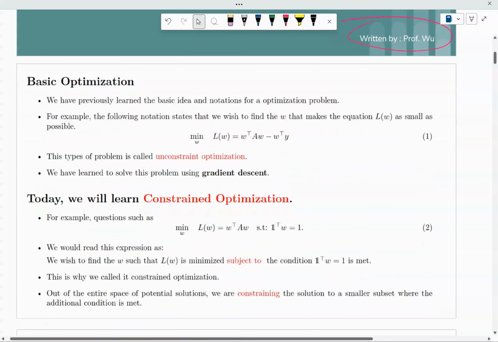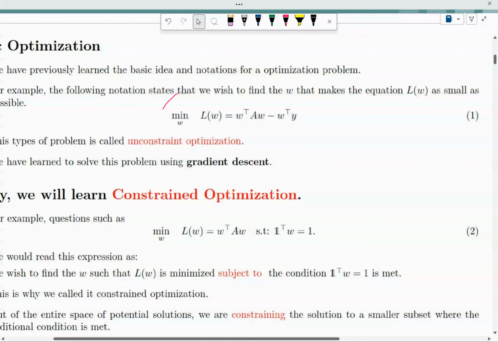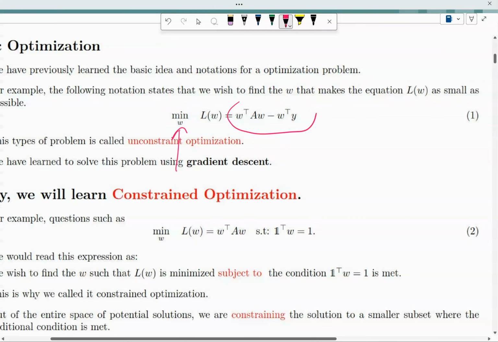So, basic optimization. We have previously learned the general idea. When we have an expression that looks like this, essentially what it's saying is that we want to find the W that minimizes this expression. W is the variable, everything else is a constant. We want to find a W such that when we plug it in, this whole thing, which is a value, is as small as possible.